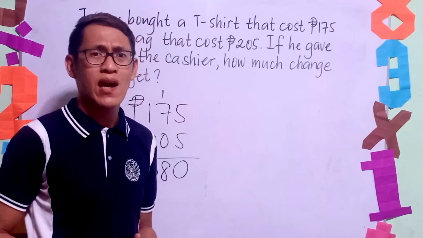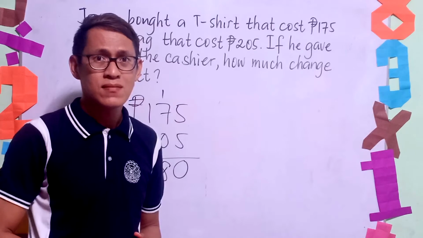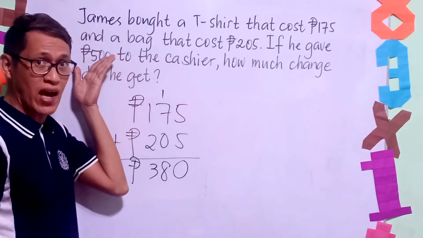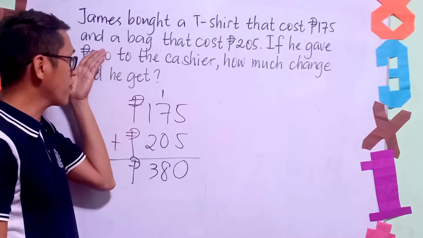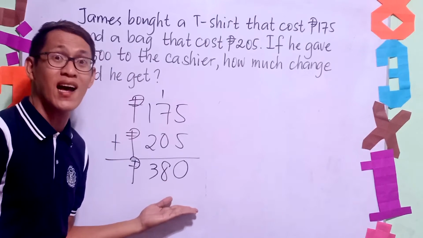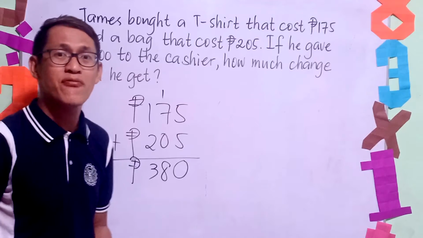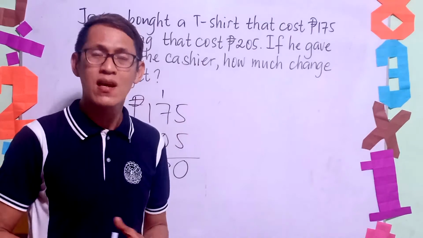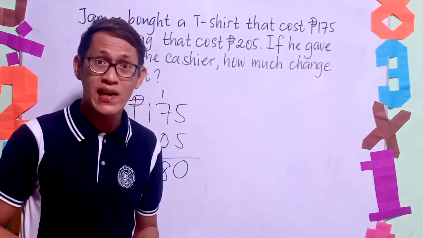So how do we get the change now? Yes, you're right. Subtract, since the money of James is 500, so you simply subtract 500 minus the total expenses. Again, before you subtract, you have to arrange or align the digits according to their place value.